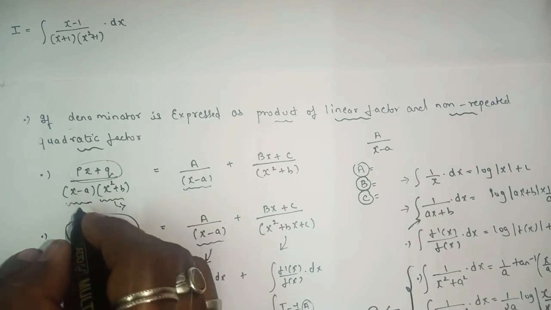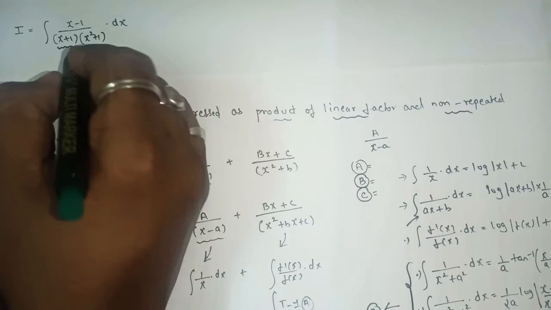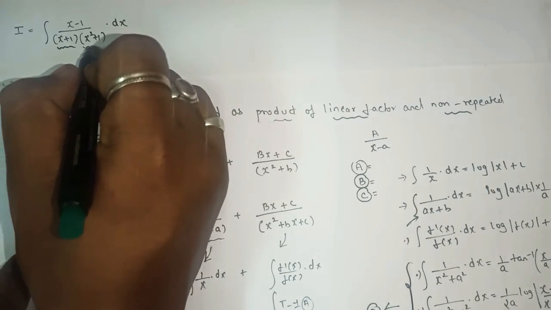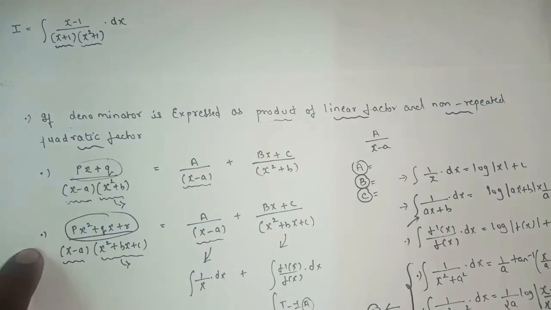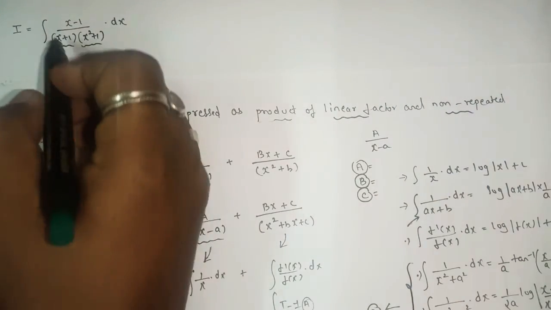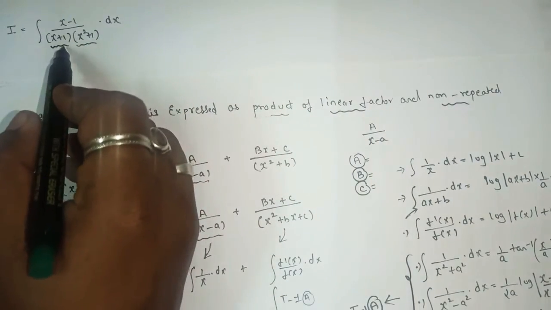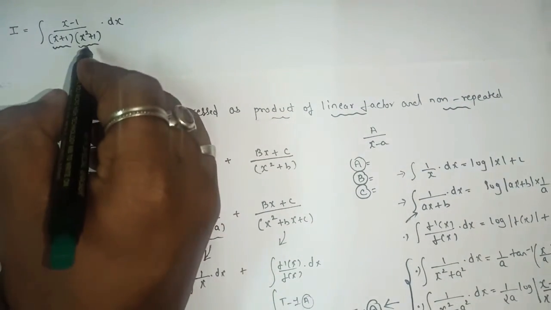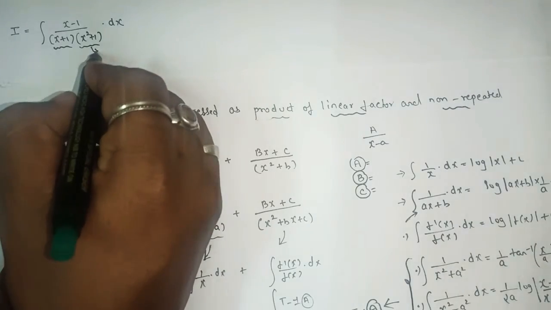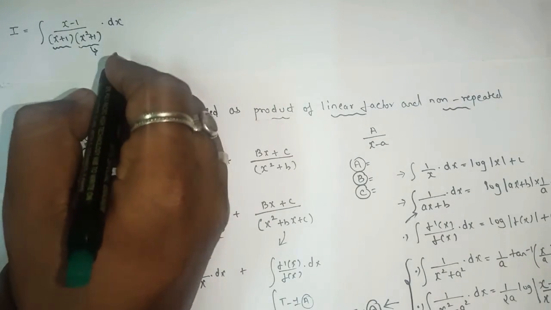As clearly we can see that here we have one linear factor and this is a quadratic factor, because here the power of the variable is 2, and here the power of the variable is 1. So this is a linear factor and this is a quadratic factor, and this quadratic factor we cannot factorize further.